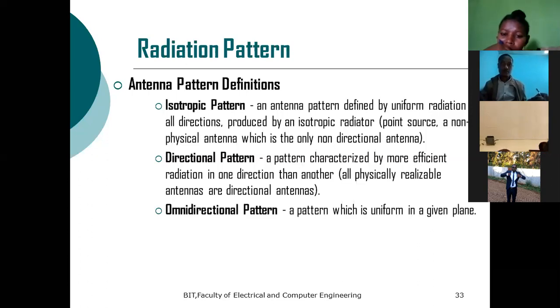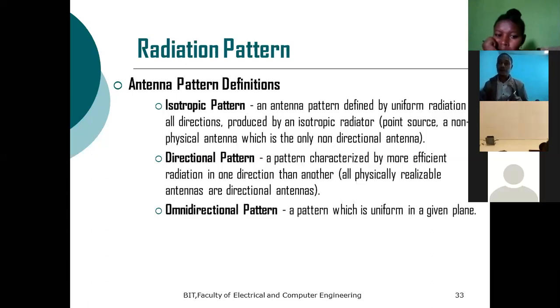The directional antenna is a type of antenna which exhibits some directivity toward a certain direction. That means more dominant electromagnetic wave will be radiated in one direction than the other. The other type is the omnidirectional antenna, which exhibits uniform electromagnetic radiation in one plane.